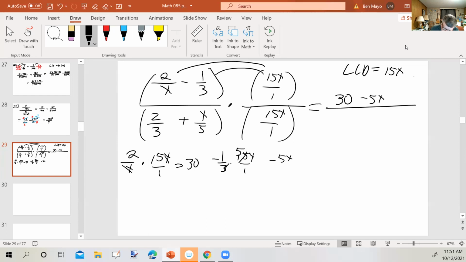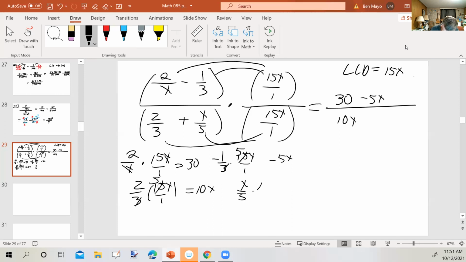Okay. Then down here you've got 2/3 times 15x over 1. 15 over 3 is 5, so you get 10x. And then x over 5 times 15x is plus 3x squared.